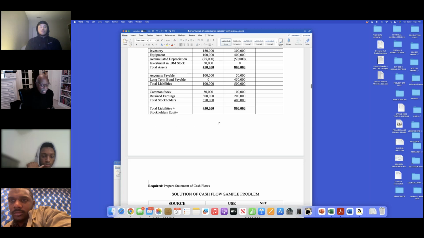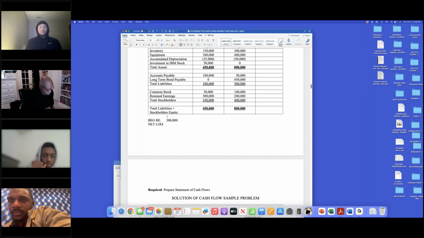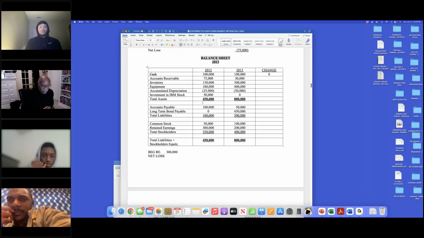Let's see how we might be able to calculate these dividends. We have a beginning retained earnings of how much? 300,000. Then we have a net loss of what? 75,000. So that becomes a minus 75,000.